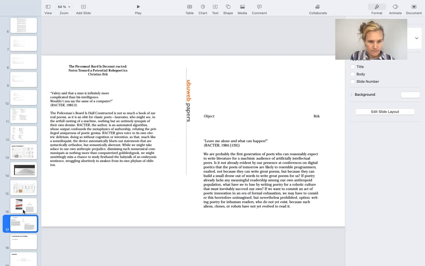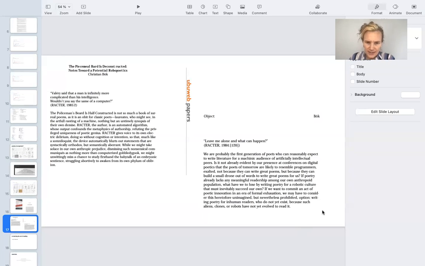This is the end of the essay, he says, "We are probably the first generation of poets who can reasonably expect to write literature for a machinic audience of artificially intellectual peers. It is not already evident by our presence at conferences on digital poetics that the poets of tomorrow are likely to resemble programmers, exalted not because they can write great poems, but because they can build a small drone out of words to write great poems for us.